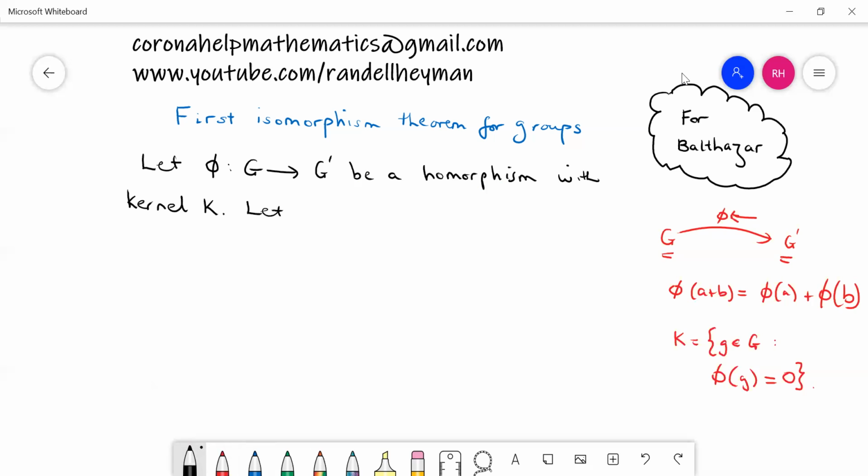Let gamma go from G to G quotiented out by K. Here they're calling it the canonical homomorphism, which you might also think of as the natural, the obvious homomorphism.